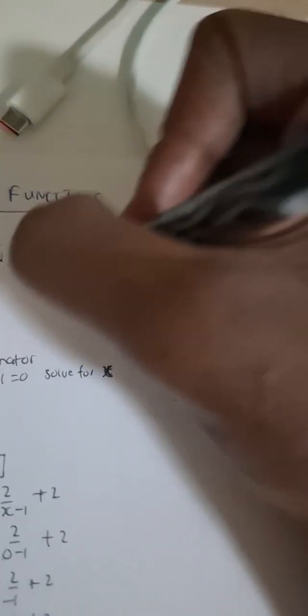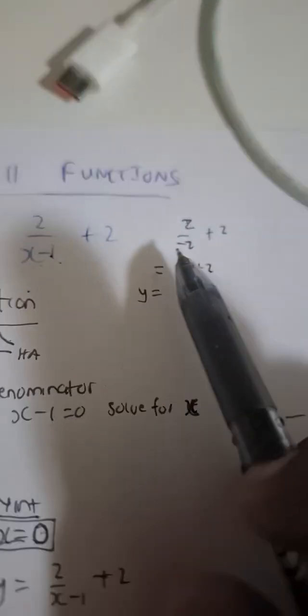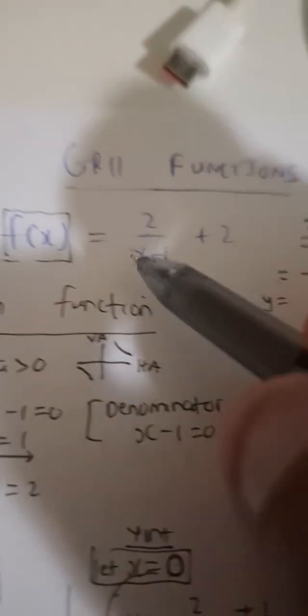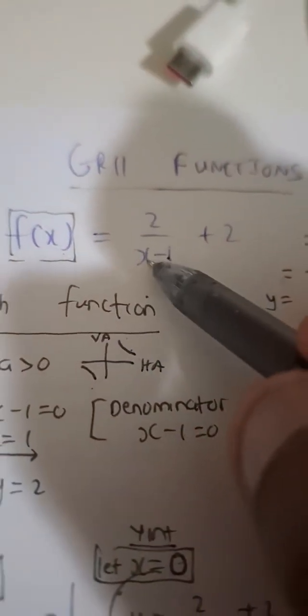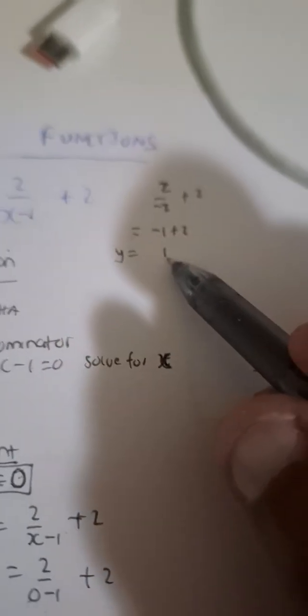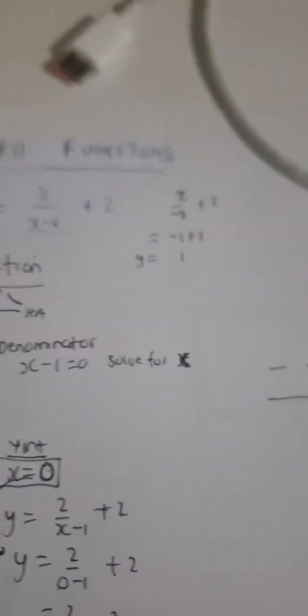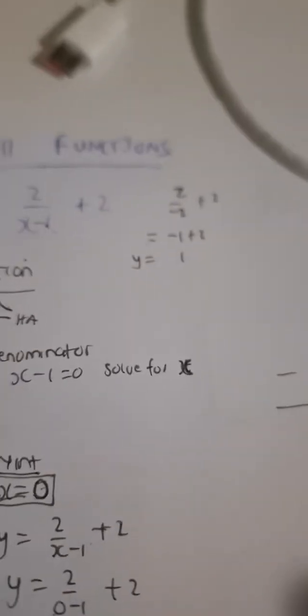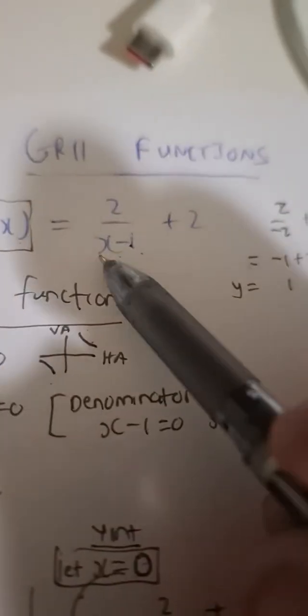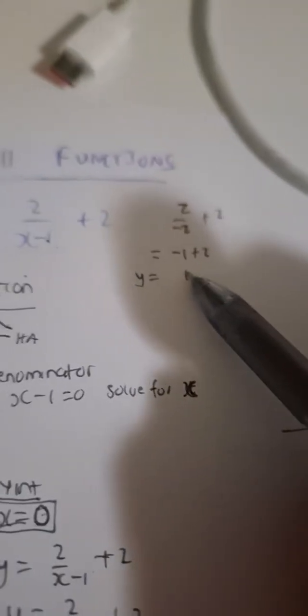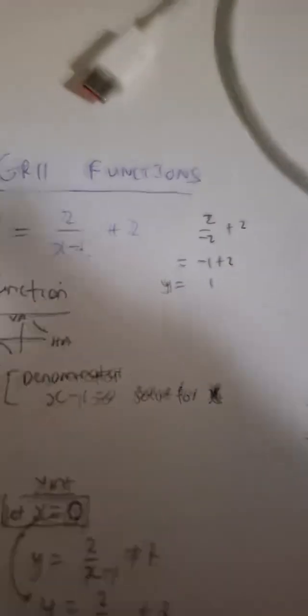You substitute x as -1 in your function. So you have 2 over -1 minus 1, which gives you -2. Plus 2, you get 2 divided by -2 gives you -1, plus 2. And ultimately your answer is 1.